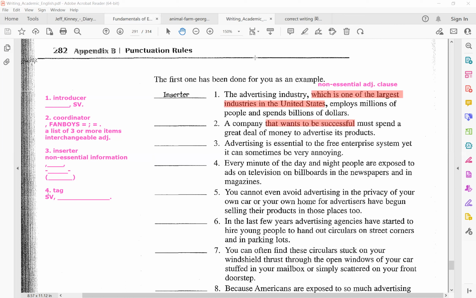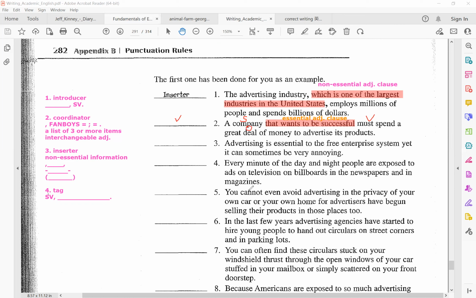But if you remember from our lesson, a relative pronoun that means this is essential adjective clause, and we never add commas with that. Okay, so a company that wants to be successful must spend a great deal of money to advertise its products. There is nothing I have to add here because subject, verb, object. So no commas. This is correct.